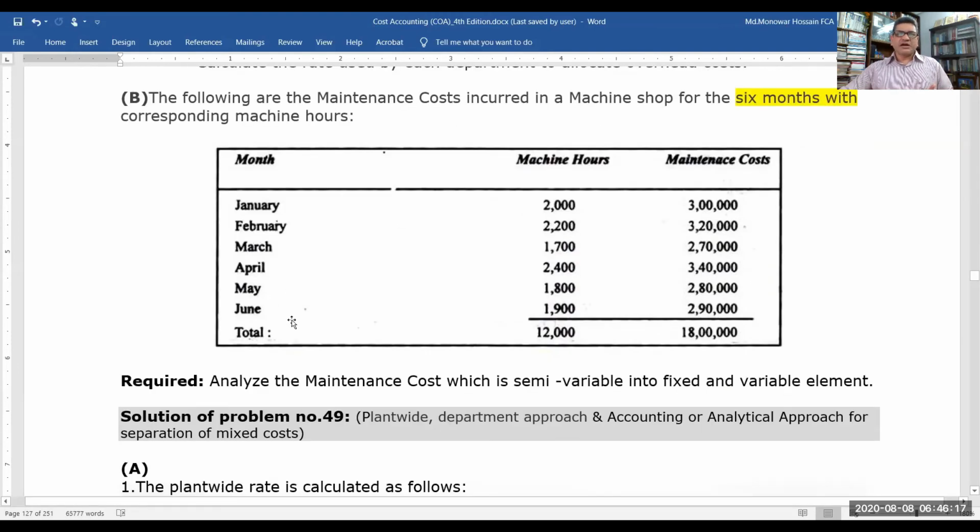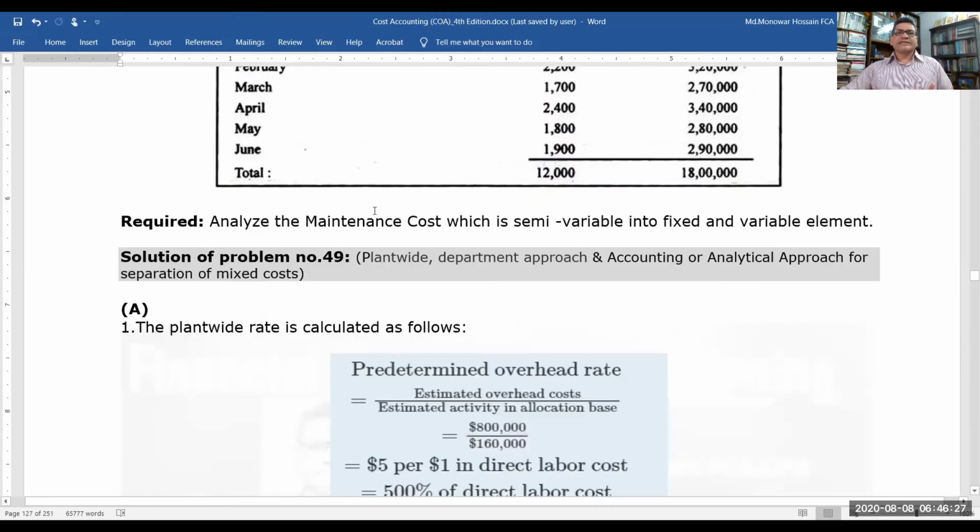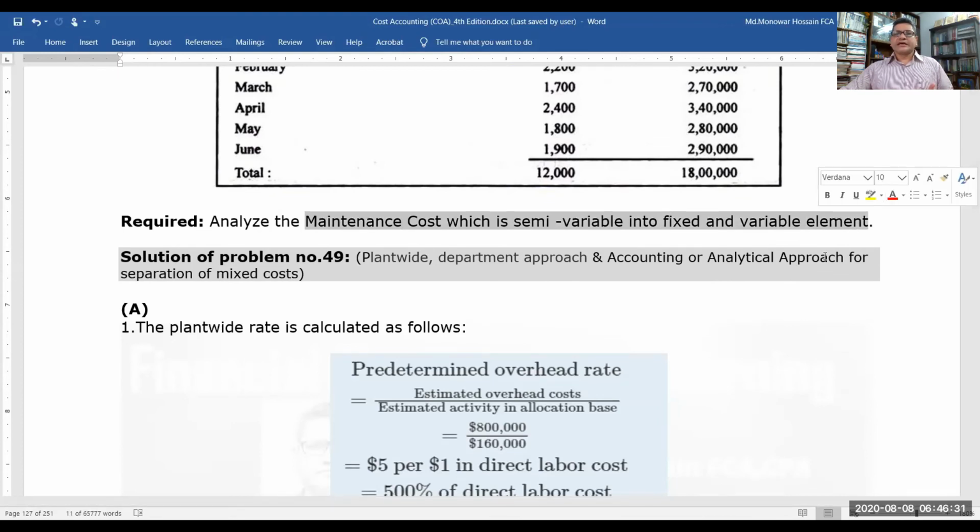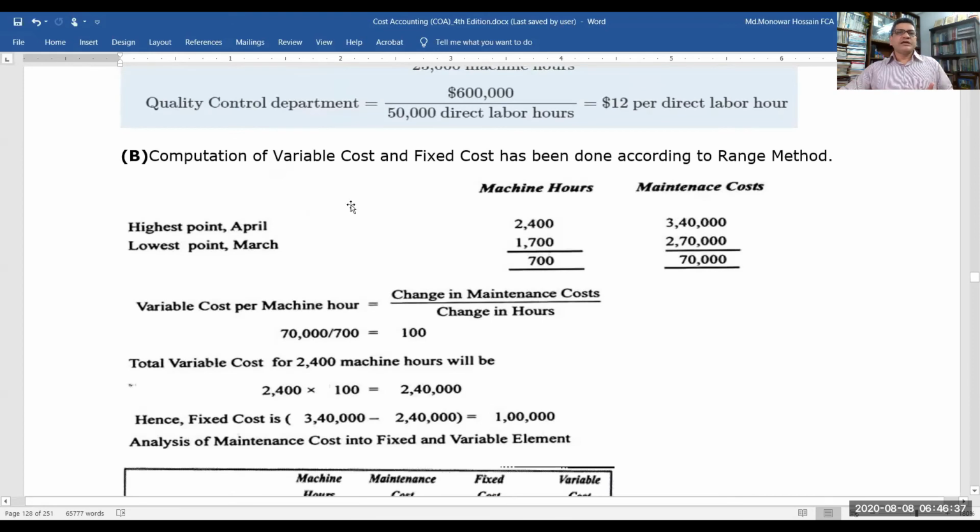So here, six months, that means January to June, the total machine hours are 12,000 and the maintenance cost is 18 lakh. We have to analyze and segregate the variable and fixed cost from that. So look, here is the easy way. The computation of variable cost and fixed cost has been done according to the range method or accounting analysis method.